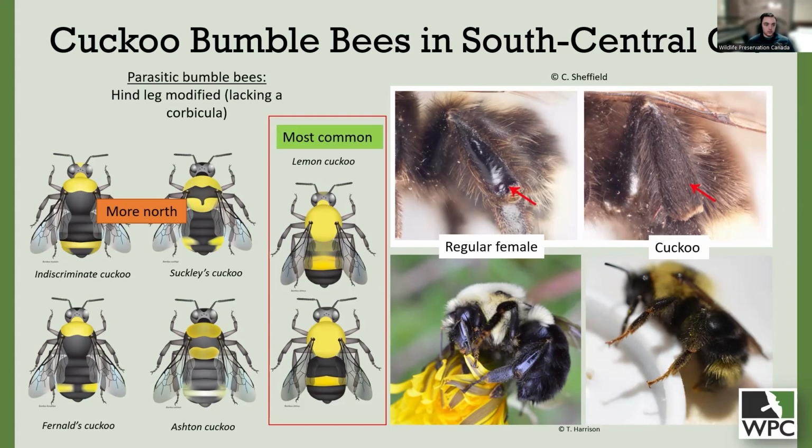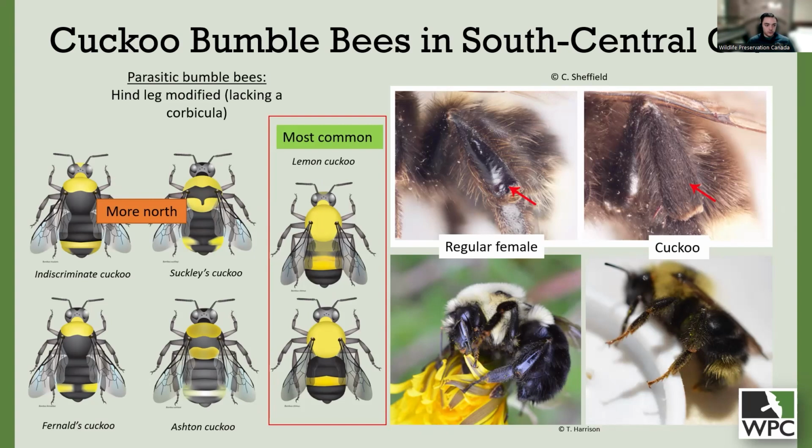And if you're curious as to what makes certain cuckoo bumblebees more or less common, I think I touched on this previously, but cuckoo bumblebees are tied to the population health of their host species. So lemon cuckoos' host species are pretty common as far as our bumblebees go. For example, the two-spotted bumblebee is a very common species, and that is a species that the lemon cuckoo is hosting.